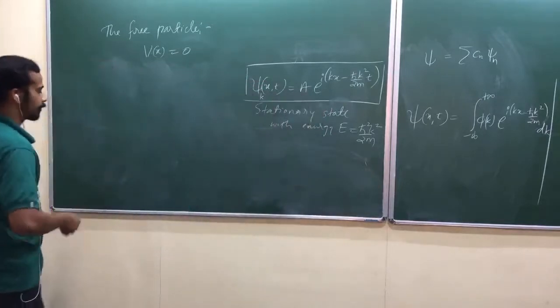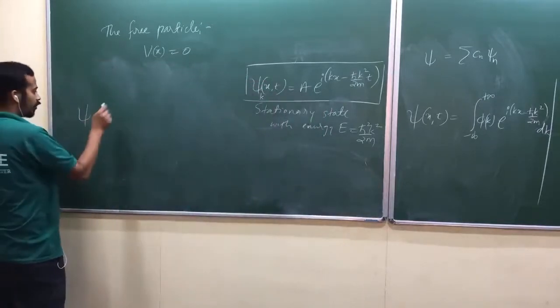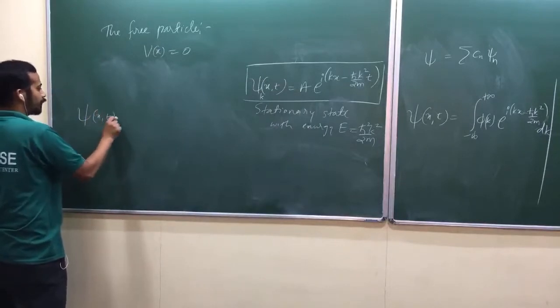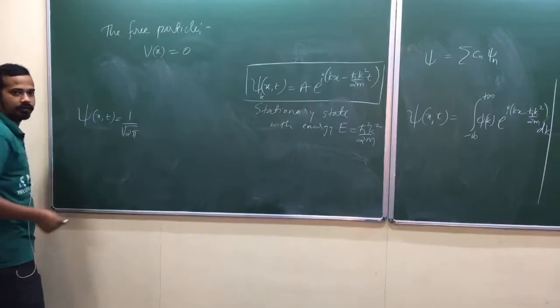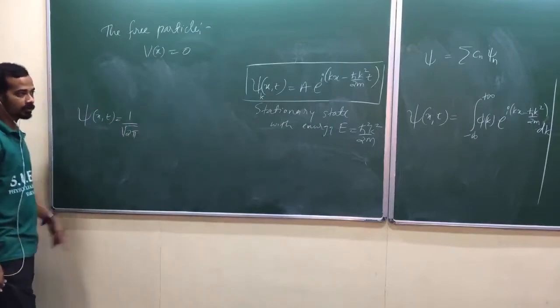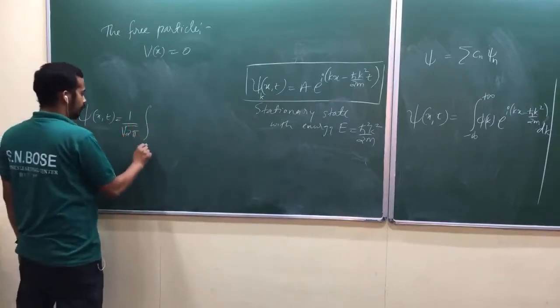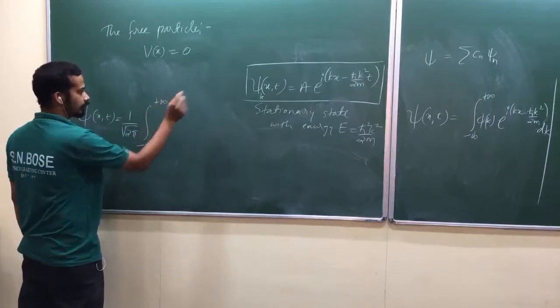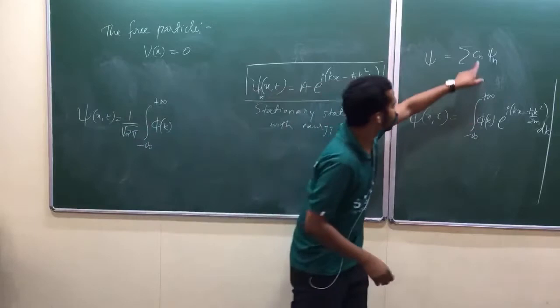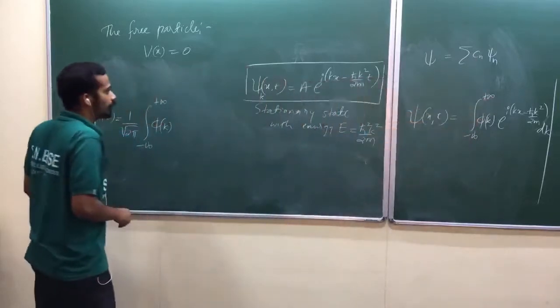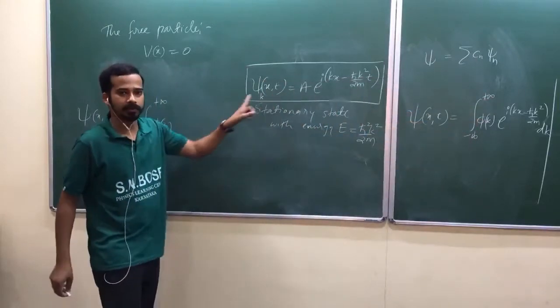That's a very important part. The linear combination is written in terms of an integral. Again, 1 by root 2 pi, okay? Let me tell you why this comes. This is nothing but a Fourier transform. Let me explain. Minus infinity to plus infinity. Look here. Phi of k will play the role of this coefficient, into your psi k x comma t.